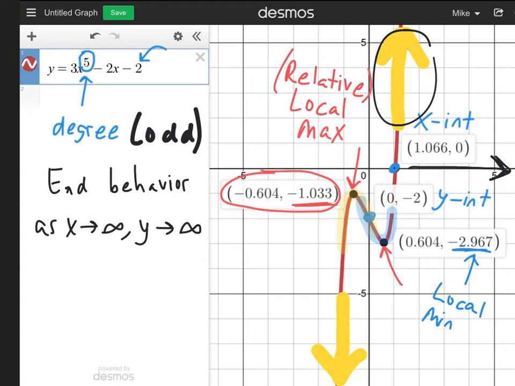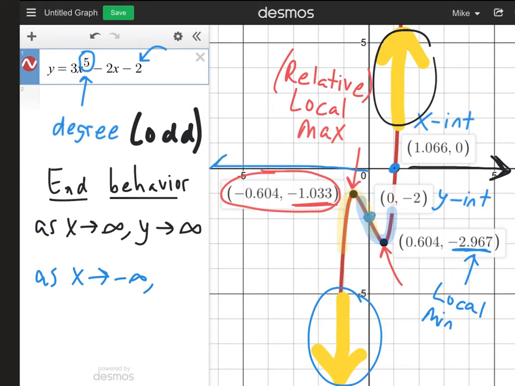There's always two statements though, because there's always something going on the left end as well. So on the left end of the graph, as x goes to negative infinity, that's what happens on the left side of a graph. Think about the x values just going to negative infinity. That just means left.